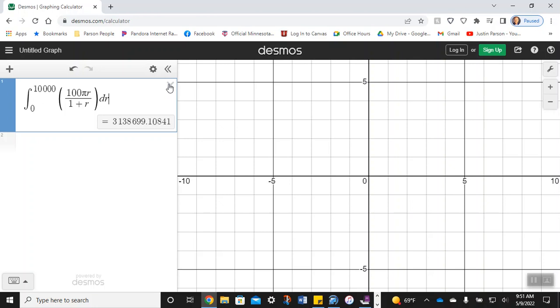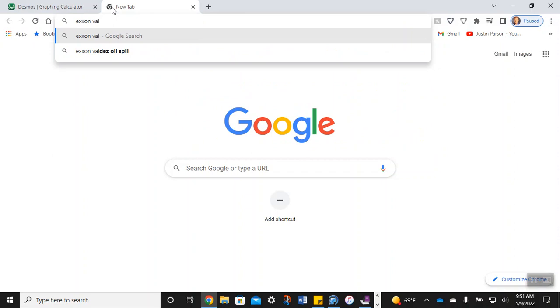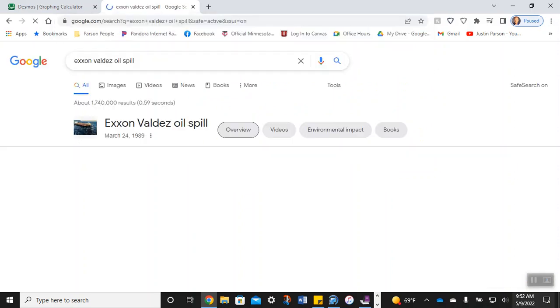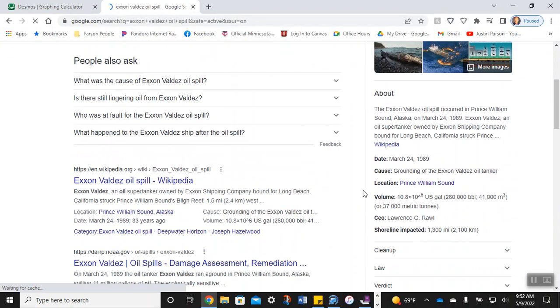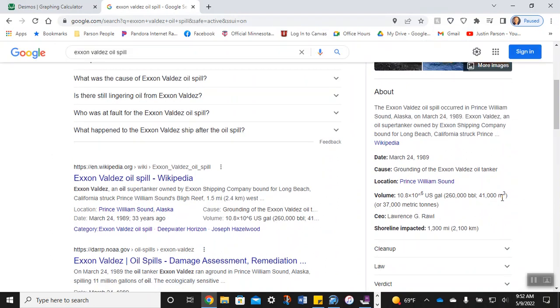How much was that one that went off like in Alaska, was it? Was it the Valdez that you're talking about? Maybe. The one that tipped over, years and years ago? Yeah. Well, let's just find out. The Exxon Valdez, 37,000 metric tons, okay, 41,000 cubic meters.